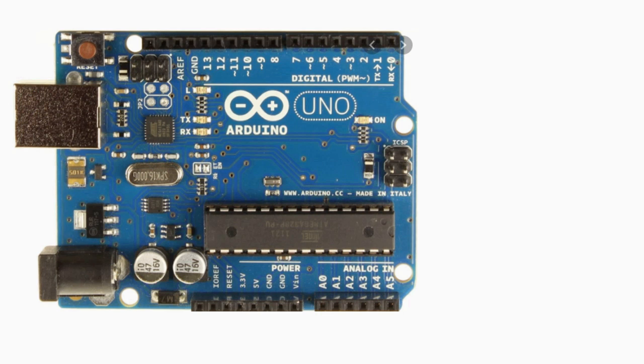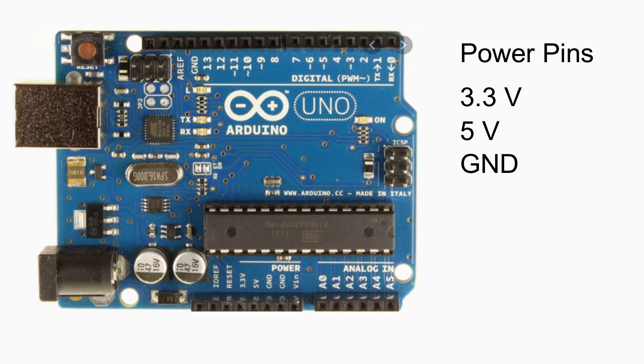First, let us see the different types of components on Arduino Uno board. Let's start with power pins. Pin 3.3 volt, 5 volt, ground, and V-in. Pin 3.3 volts supplies output of 3.3 volts. Pin 5 volt supplies 5 output volts.